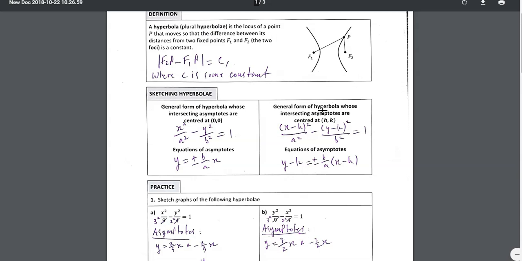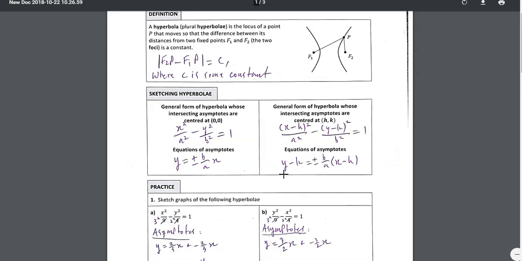You just change it to a minus sign, you get a completely different looking graph. So if we have x minus h and y minus k, then h comma k will be the center of your graph. In other words, it will be the location where your two asymptotes cross.